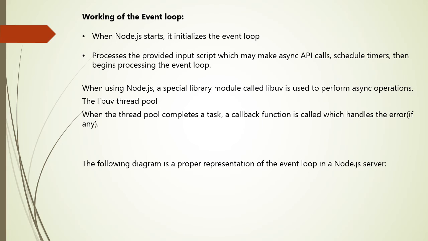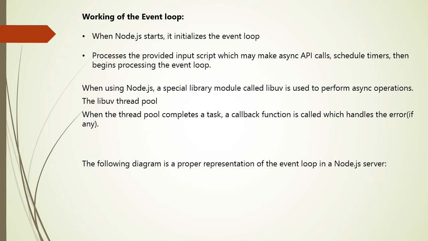When using Node.js, a special library module called libuv is used to perform asynchronous operations. This library is also used together with the back logic of Node to manage a special thread pool called the libuv thread pool.